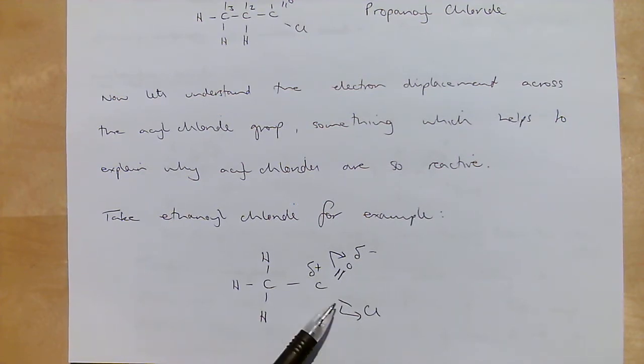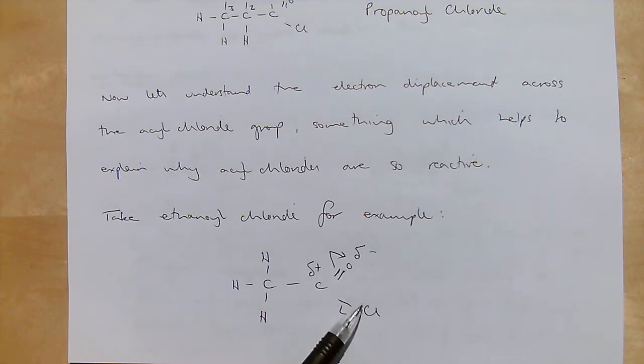Now also in this group we've got chlorine. Chlorine is quite a strongly electronegative atom, so that also withdraws electron density from the covalent bond between the carbon and the chlorine. If you think about it, we've not only got the oxygen pulling electron density away from that carbon, we've also got this chlorine pulling electron density away from that carbon.